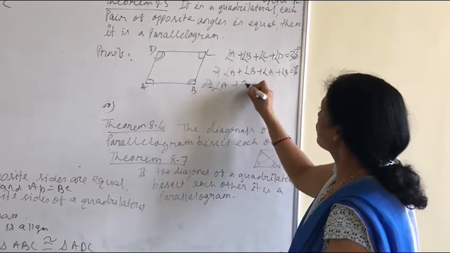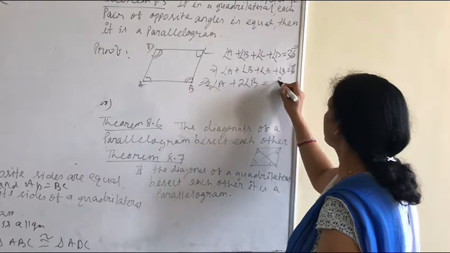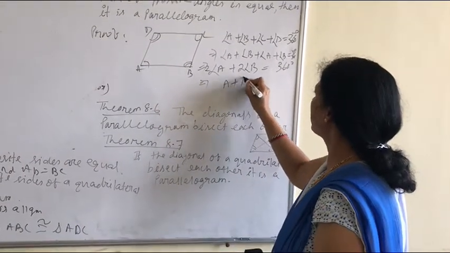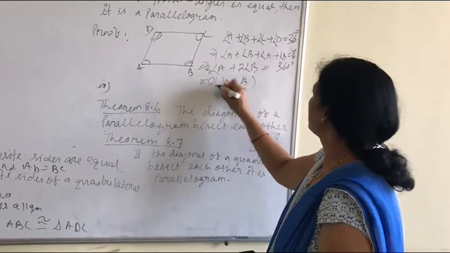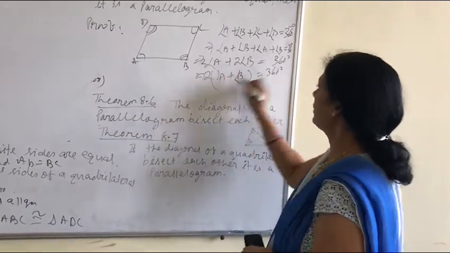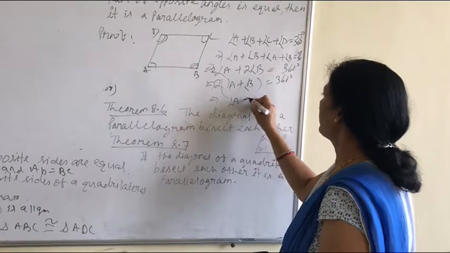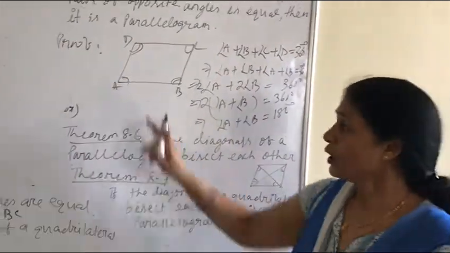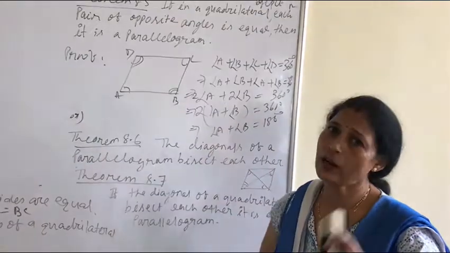angle A plus 2 times of angle B is 360 degrees. Angle A plus angle B is 180 degrees. Angle A plus angle B is 180 degrees.